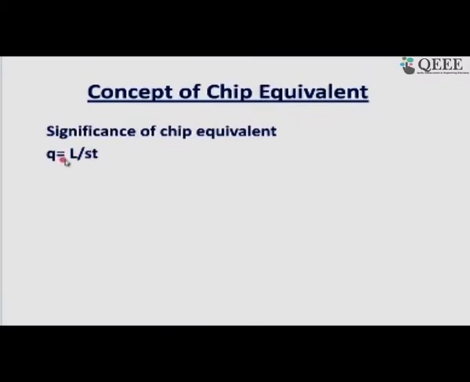So, if I can keep L by ST, this ratio, constant, that is a very strategic way of controlling the temperature, then I can keep the cutting temperature also constant. So, if I like to increase the value of S to increase the material removal rate, then S means increase of temperature.